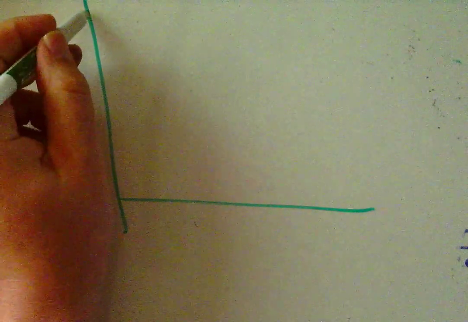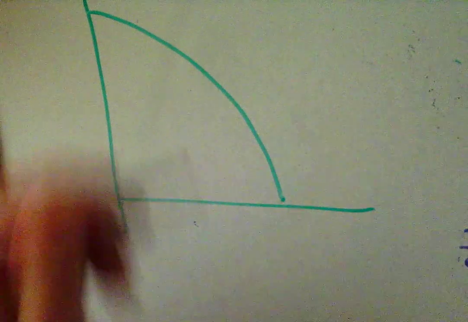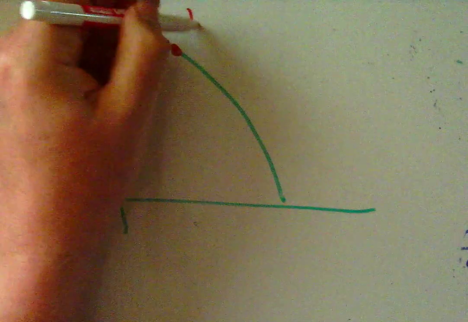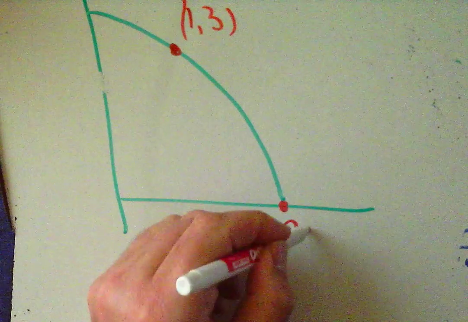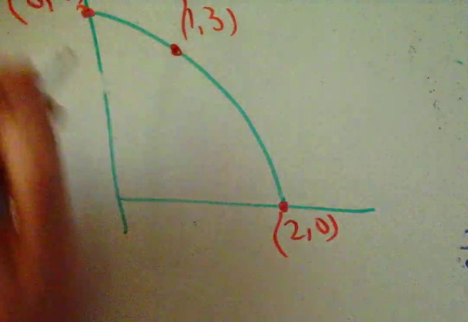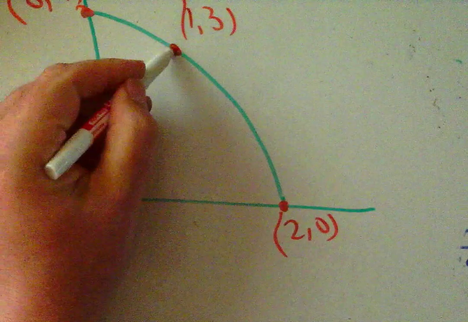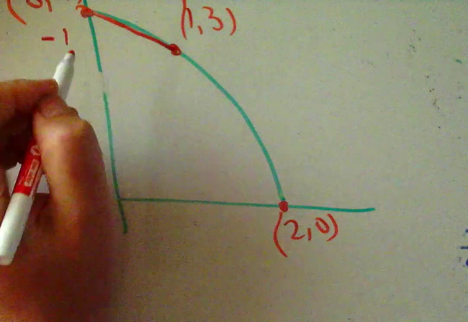So, you have this parabola, and we're looking at the points (1, 3), (2, 0), and (0, 4). We said that the slope here was negative 1.